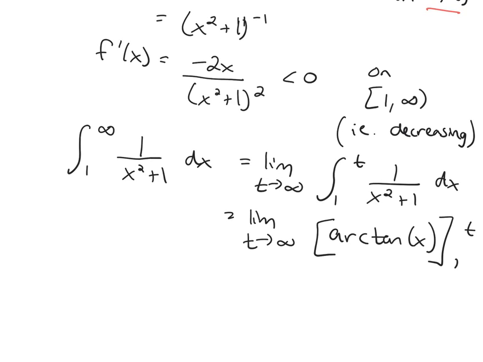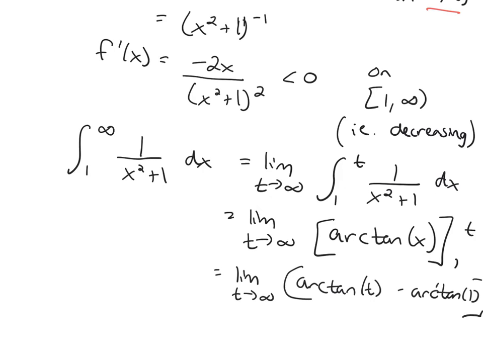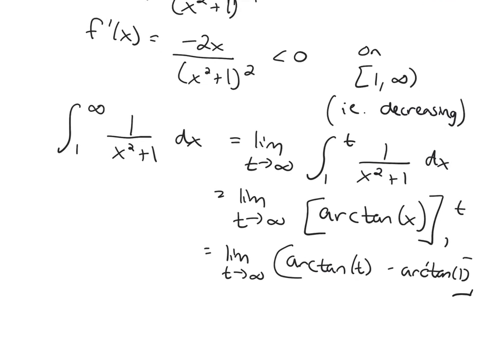So what we're going to do now is plug in our bounds. The limit as t goes to infinity, arctangent of t minus arctangent of 1. Oh, let me scoot that over for you.